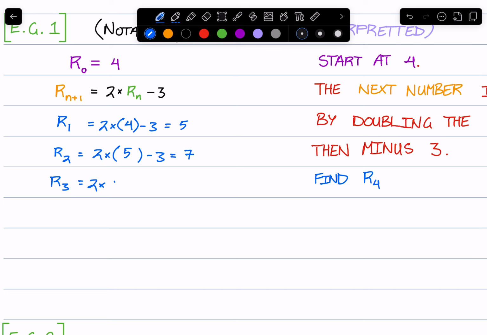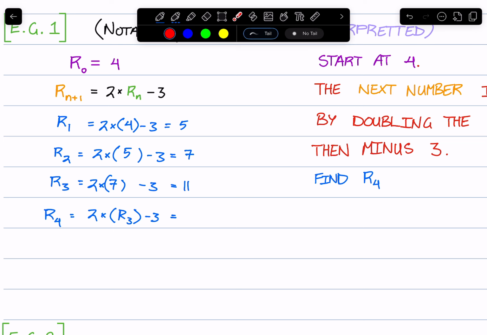Next, 2 times R2 minus 3. To find this one, we take the result of the previous and we input it into the same formula. So it will be 2 times 7 minus 3. 14 take away 3 is 11. We go up to R4 just for this demonstration. 2 times R3 minus 3.